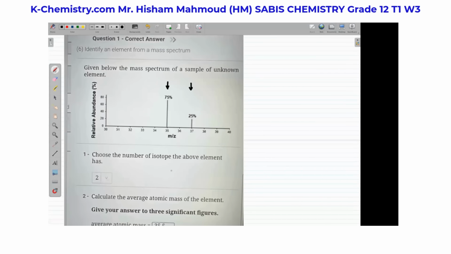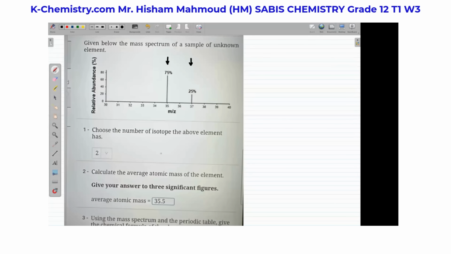You know from last year that you just have to add 75% multiplied by the mass, which is 35. So for the first isotope, its abundance is 75% and its mass is 35 AMU. Then add this to the second isotope, whose abundance is 25% and its mass is 37 atomic mass units.